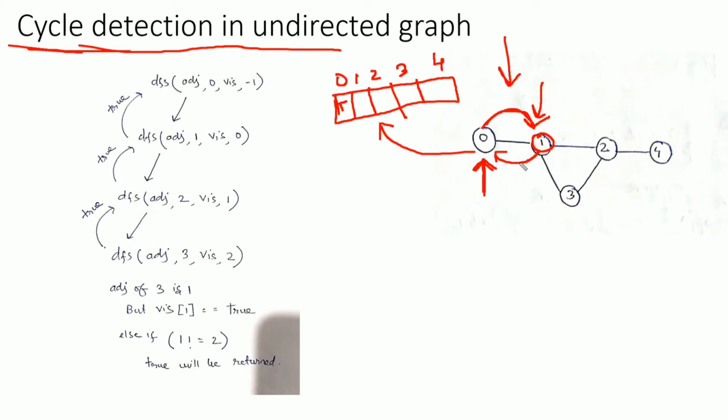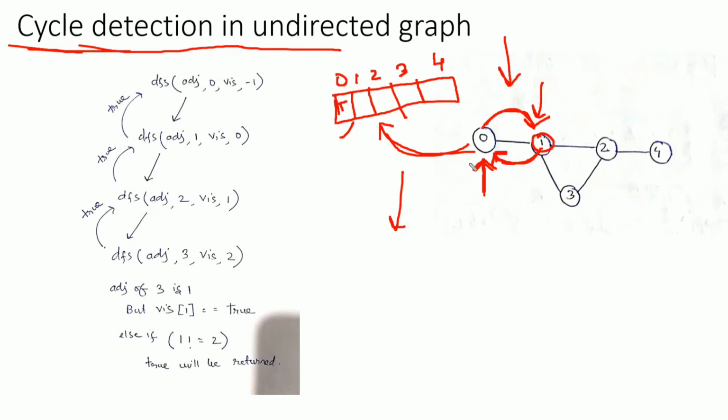Now from 1, you traverse its adjacent vertices and move back to vertex 0, and in the visited array you find that 0 is already visited and return true that yes, a cycle is there, which is the wrong approach. To prevent this, you need to maintain an extra variable, the parent variable.